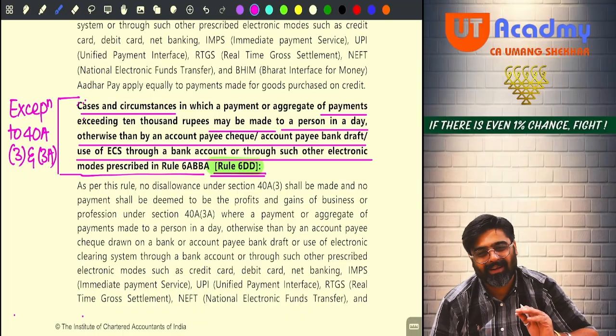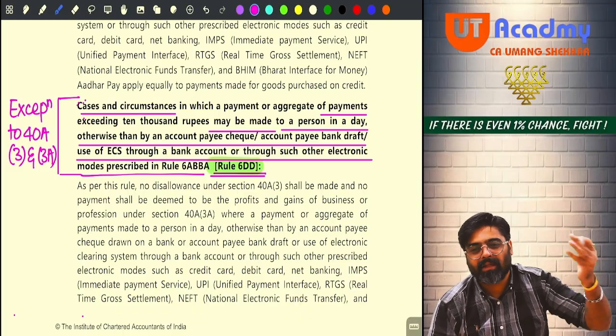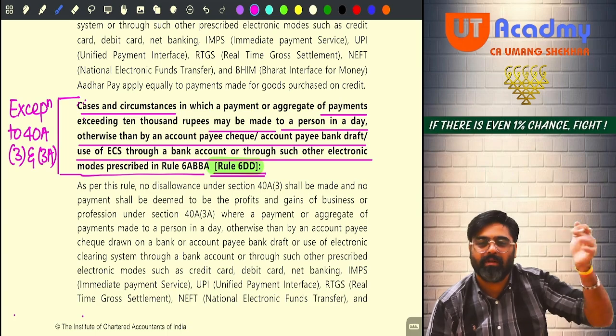Meaning, under Rule 6ABBA, no other modes are prescribed. We call them prescribed modes only.